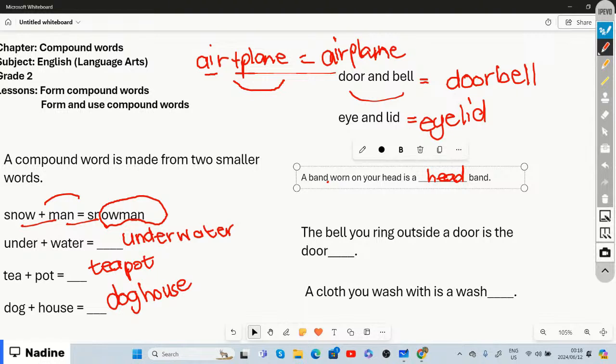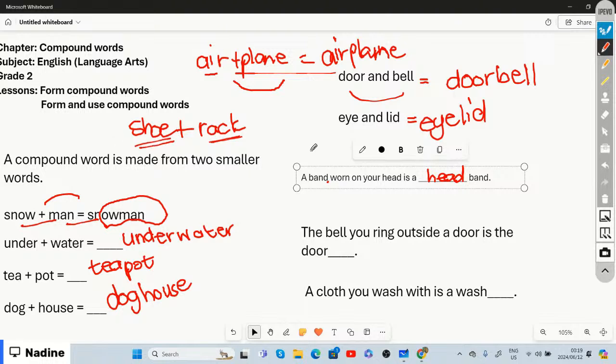Yes, and we can also put shoe plus rack. I'm going to put here shoe plus rack. Because shoe can stand on its own, right? Rack can also be on its own because a rack is something specific.